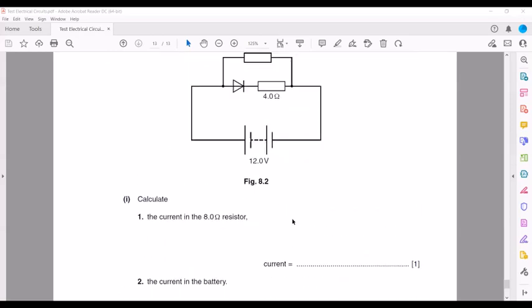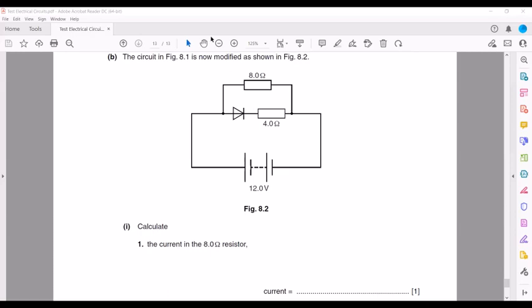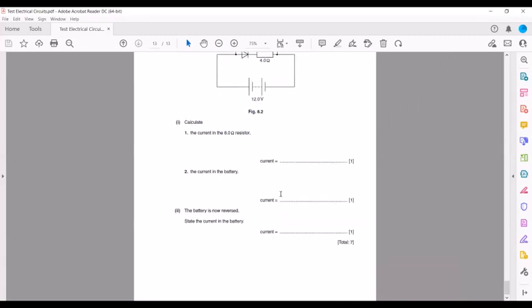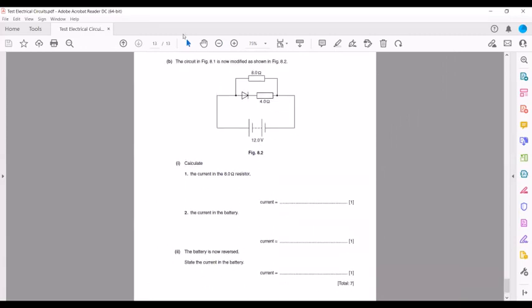Then the current in the battery. How can we find the current in the battery? As they are in parallel, the current in the battery will be the sum of the currents. We calculated 2.82 amperes here, and 1.5 amperes in this one.